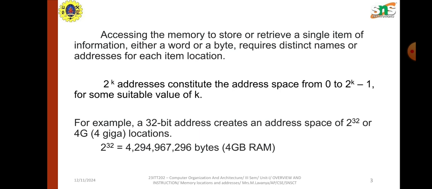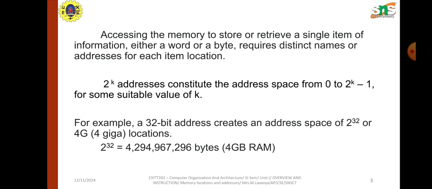And the address for 2 power k address space will be taken from 0 to 2 power k minus 1. For example, if the address space we need is 2 power 2, 2 power 2 is 4, right? In that situation, the values will be stored from 0 to 3. That is, 2 power 2 is 4.